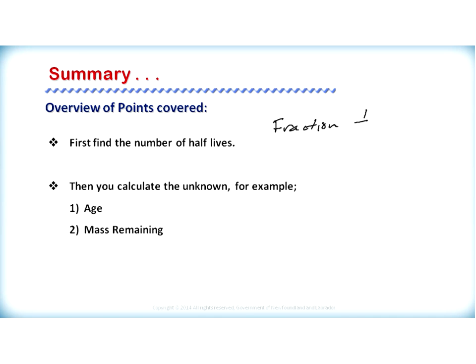For example, 1 over 8 would tell us that we start off with 1 over 1, 1 over 2, 1 over 4, and 1 over 8. And if you count the arrows, 1, 2, and 3, we know that the sample has gone through 3 half-lives.